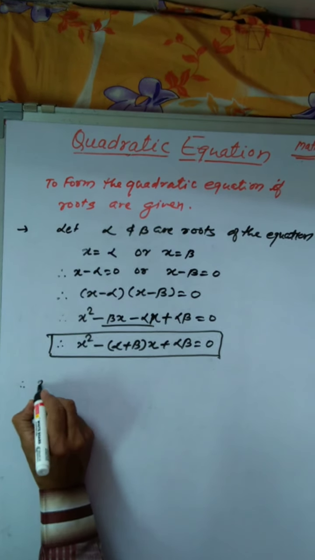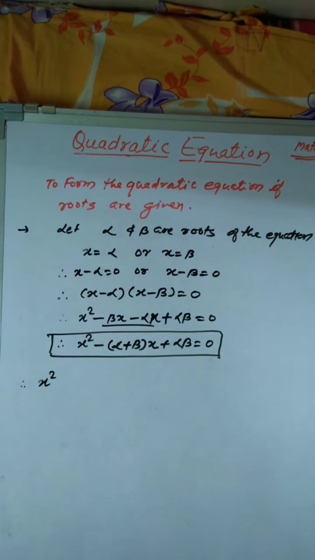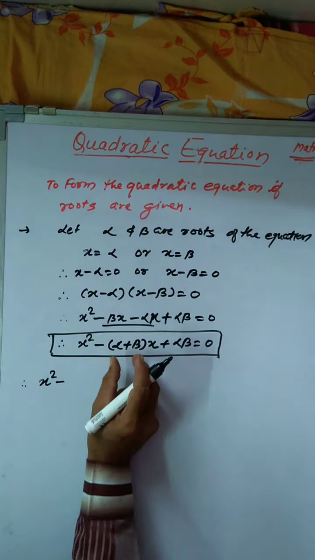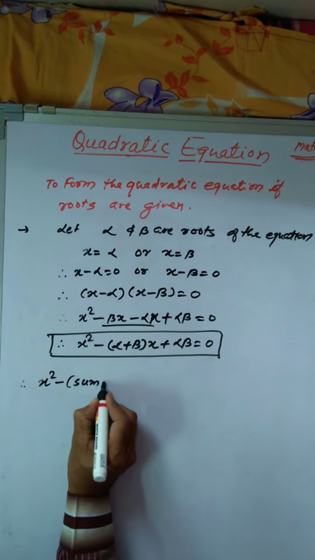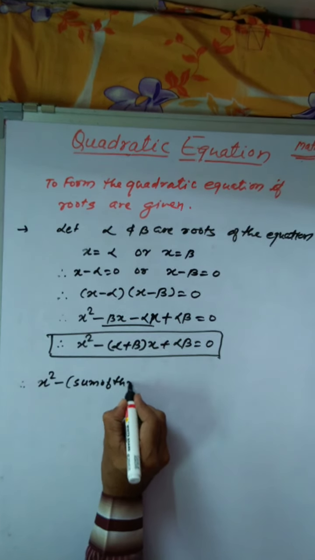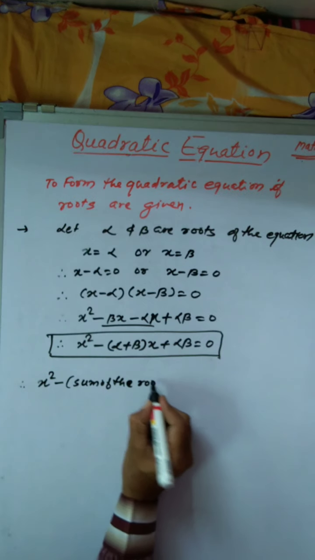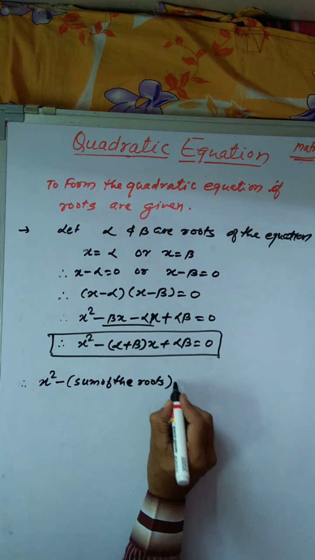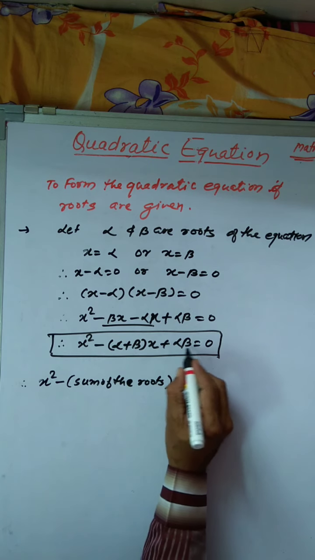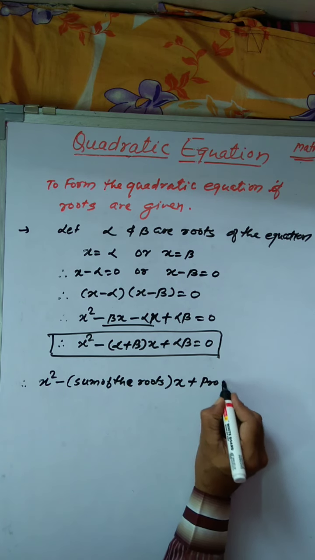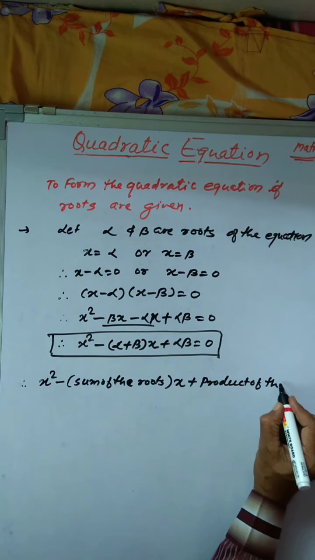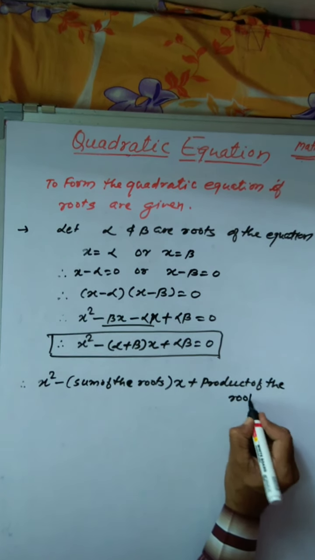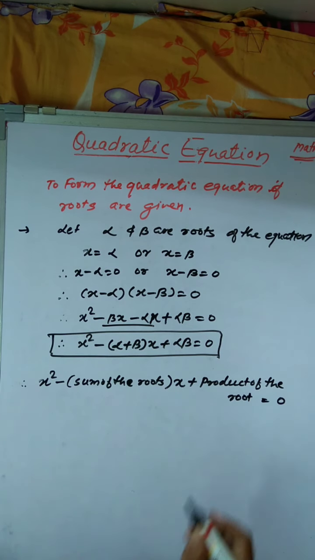That means the square of the variable minus the sum of the roots into x plus the product of the roots is equal to 0.